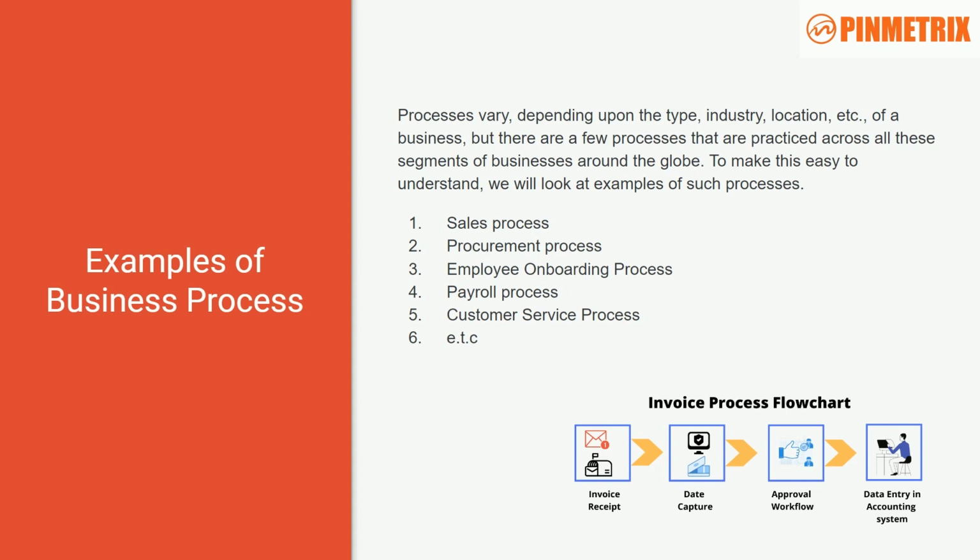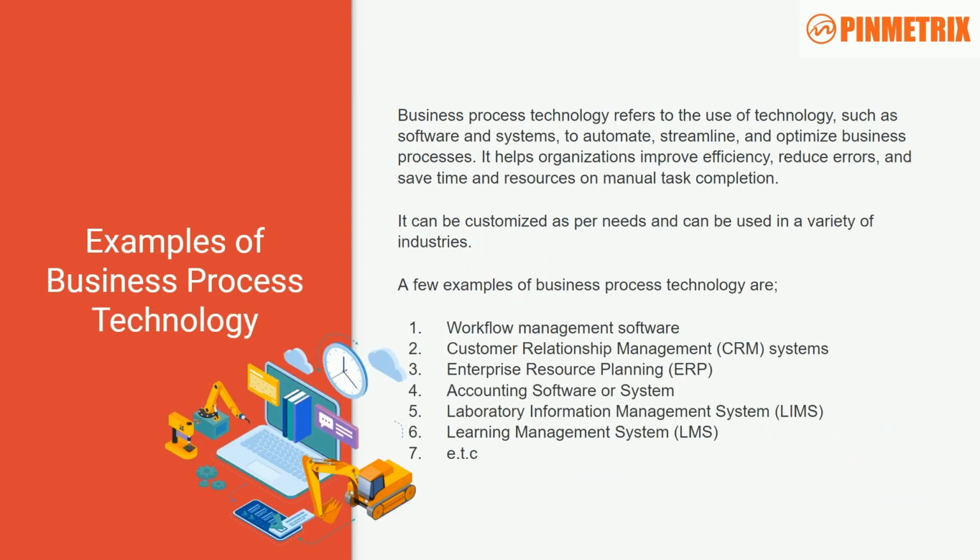We have things like processes around sales, processes around procurement, employee onboarding process, payroll process, customer service processes, and so many other ones. So these are processes that can actually happen in every organization.